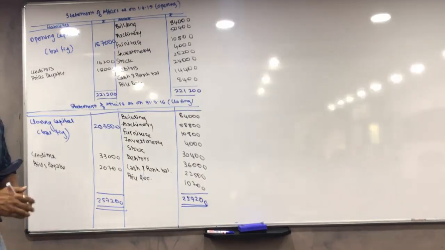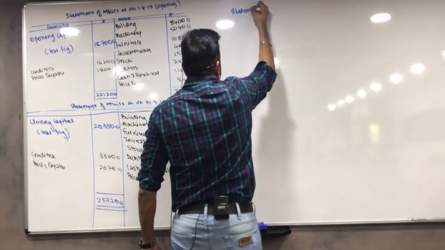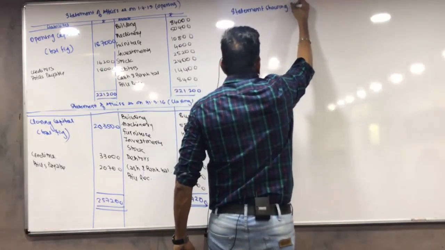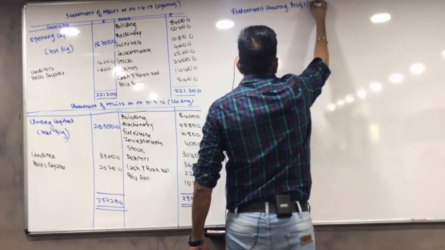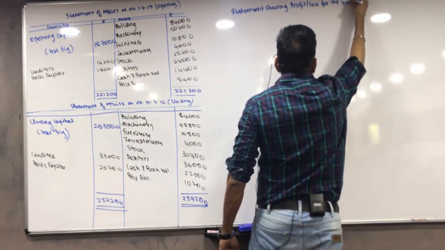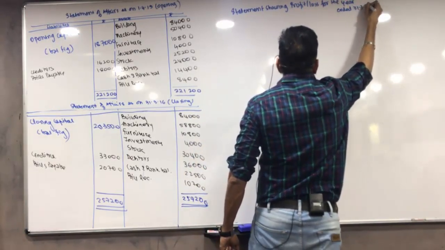Okay. Now we have to find the profit over here. So we have to make a statement for profit. Write the heading. Statement showing profit or loss for the year ended 31/3/2015.